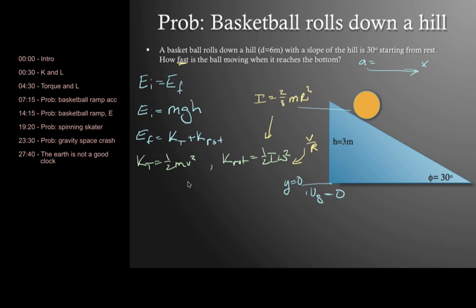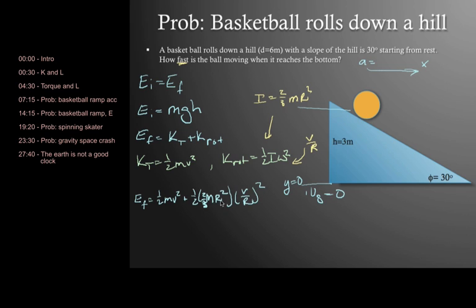All right, so let's plug in what we know. Here E final is going to be 1/2 mv squared plus 1/2 mr squared, 2/3, and then v over r squared.